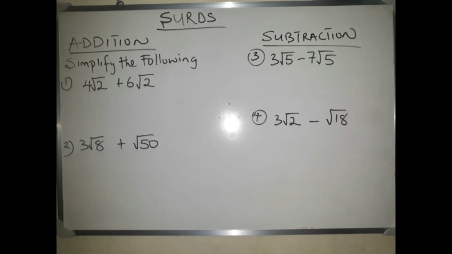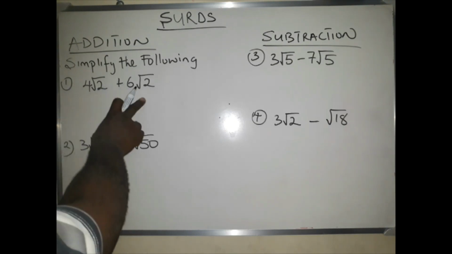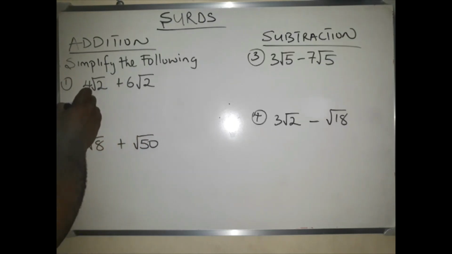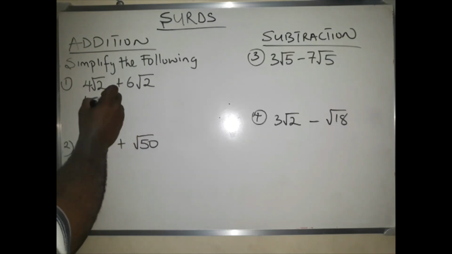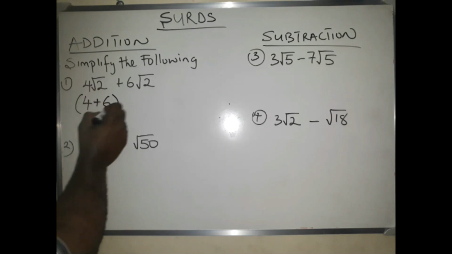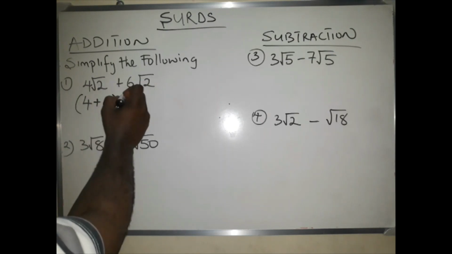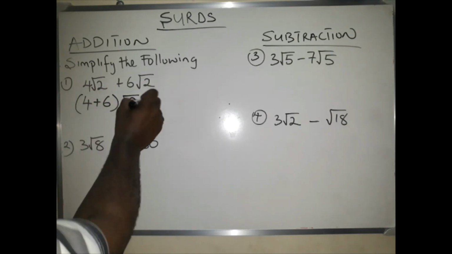Now, when it comes to adding, what you do is add the whole numbers together and then pick one of the surds, and this is how you do it. Since we have 4 root 2 plus 6 root 2, you take the whole numbers and add them together, like saying 4 plus 6 in brackets, and then you collect the like terms, which is root 2.